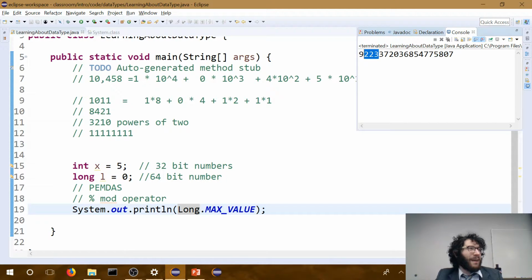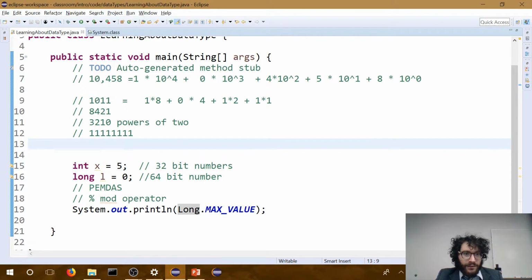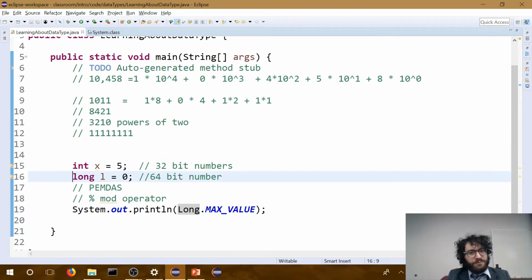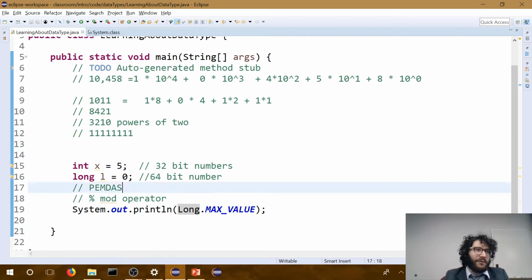Okay? That's how big these are. That's plenty big for our applications, right? Longs we will use if we have to, but I don't really remember ever having to need them during the semester. Normally we don't go above numbers that are above or below positive 2 billion because the range is almost exactly the same in the negative.